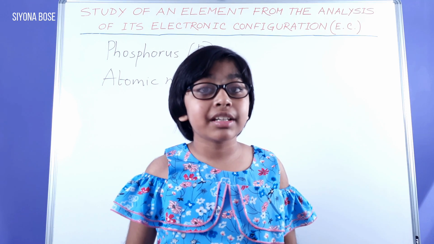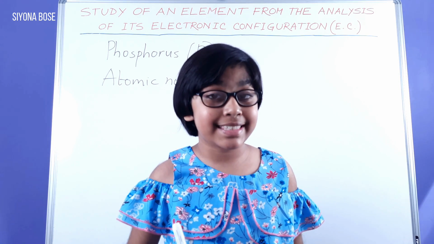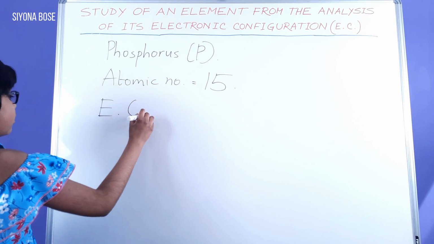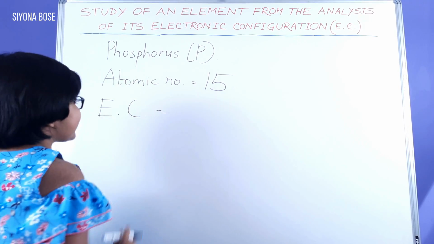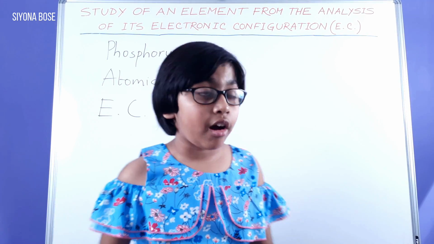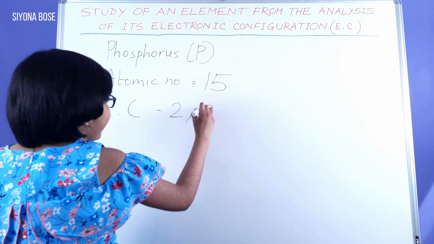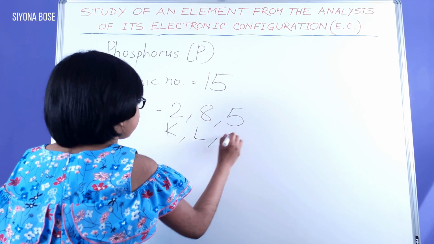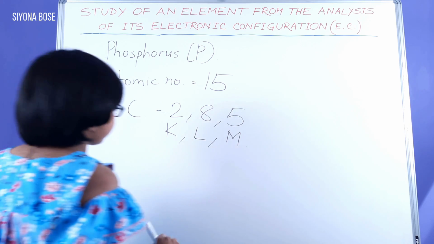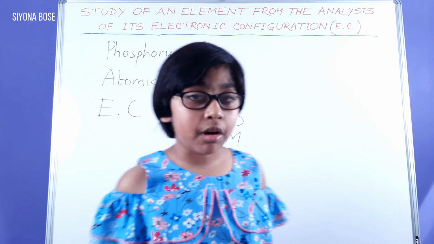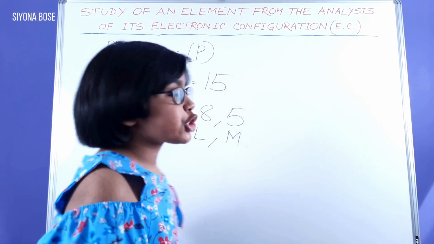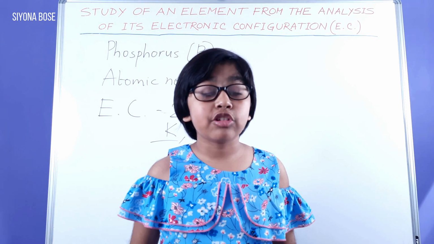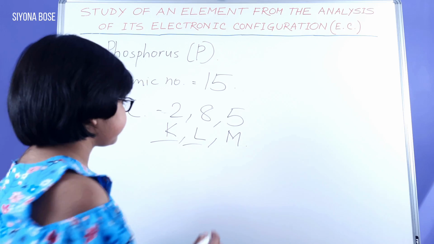After that, electronic configuration, or EC. EC is 2,8,5, KLM, which means there are 2 electrons in the innermost K shell, 8 in the L shell, and 5 in the outermost M shell.